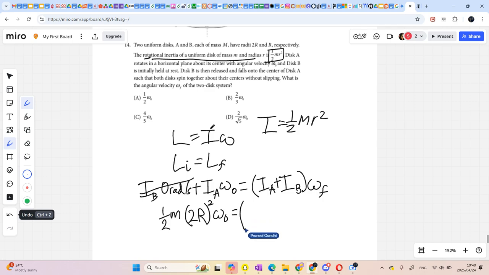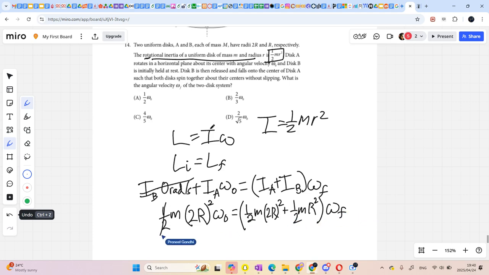So for the first one, we have 1/2 times m times 2r squared plus 1/2 times m times r squared, and then all of that times omega final.